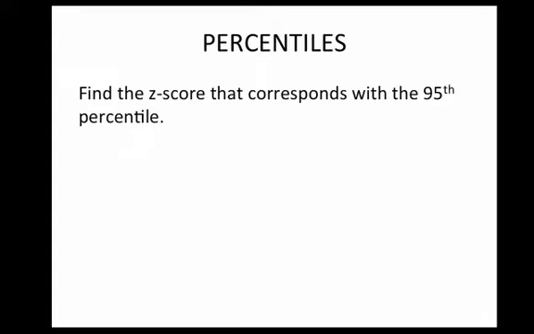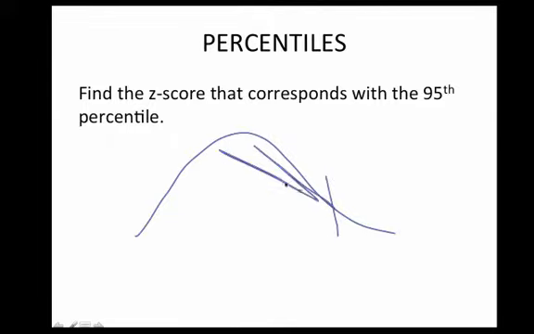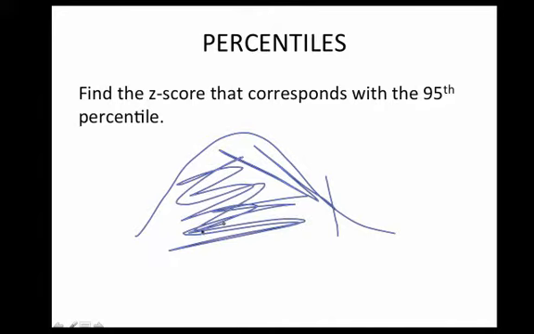This might come up where we're dealing with percentiles, and percentiles is really the same exact idea as the area under the curve, or the probability of an event to occur. So if we want to find the z-score that corresponds with the 95th percentile, I draw my little normal distribution, and the 95th percentile would be about here, and the area underneath the curve represents 95%, or 0.95, of the curve.